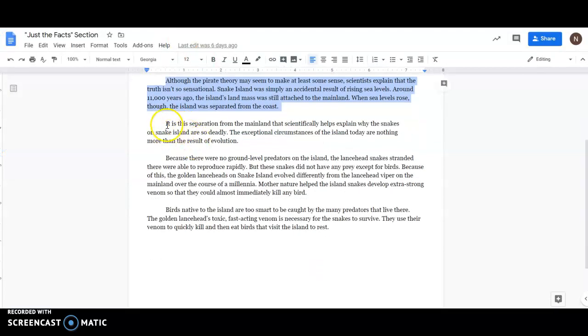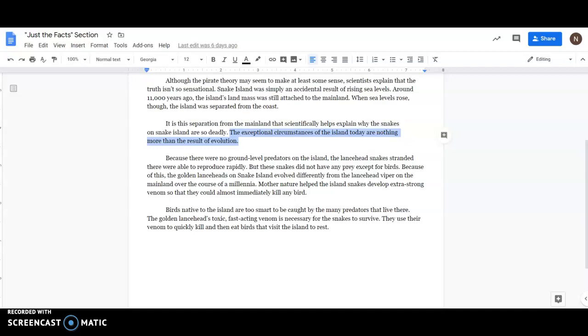All right, paragraph 2. It is this separation from the mainland that scientifically helps explain why the snakes on Snake Island are so deadly. The exceptional circumstances of the island today are nothing more than the result of evolution. All right, so this right here explains to us that the snakes on Snake Island have resulted because of evolution.